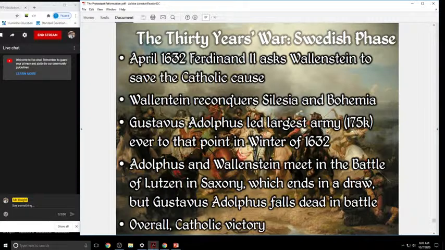Gustavus Adolphus and Wallenstein, these two brilliant military commanders, meet in the Battle of Lutzen in Saxony, which ended up in a draw. But Gustavus Adolphus was killed in the battle. And so overall, we would generally term this a Catholic victory because Wallenstein comes out victorious.